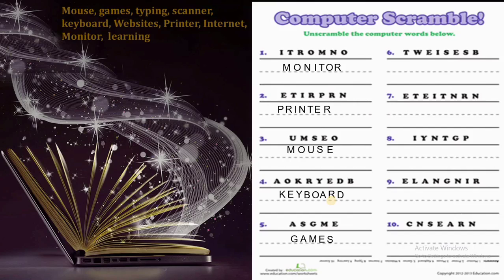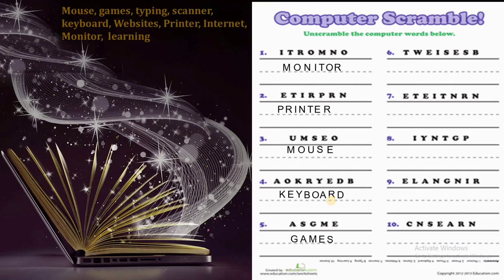What do you know about games? Why am I putting this scrambled word here? Because it is related to computer. We play games on a computer, so it is one of the parts of the computer. So I will put the unscrambled word as games.